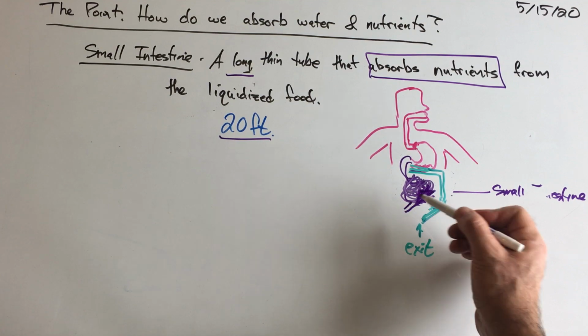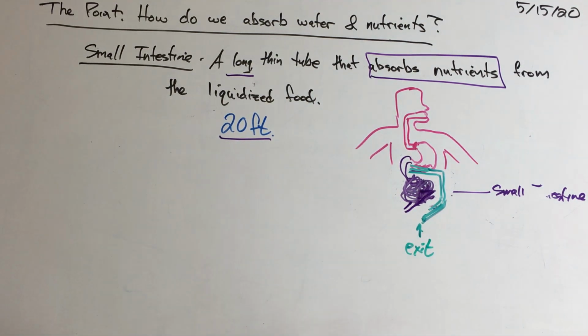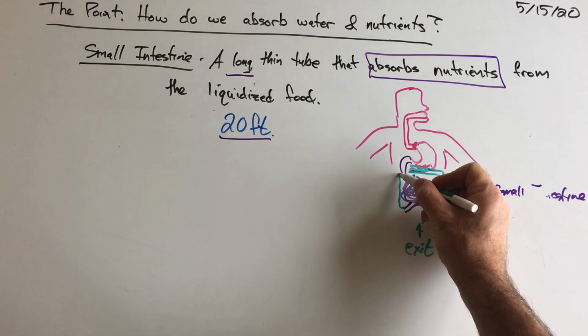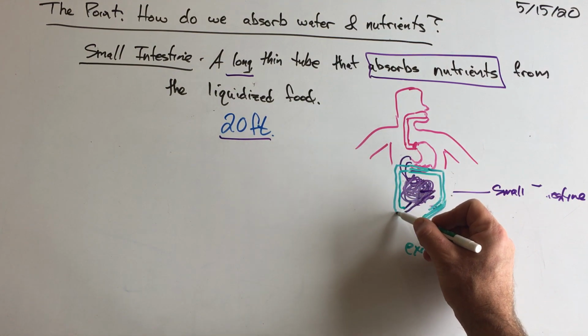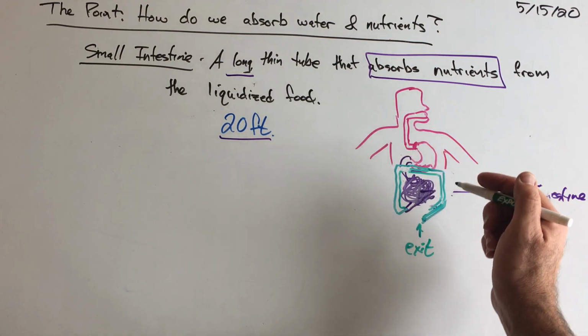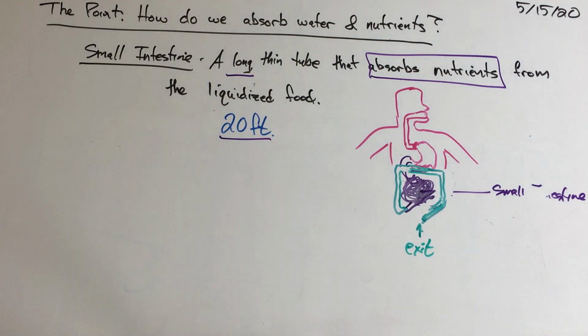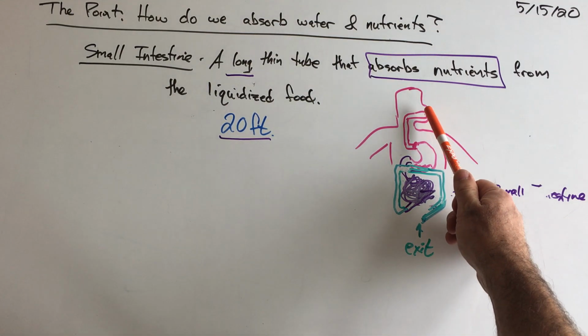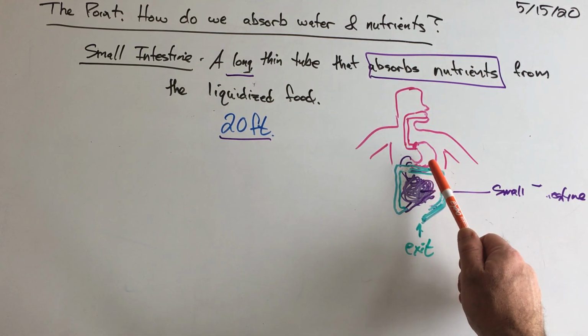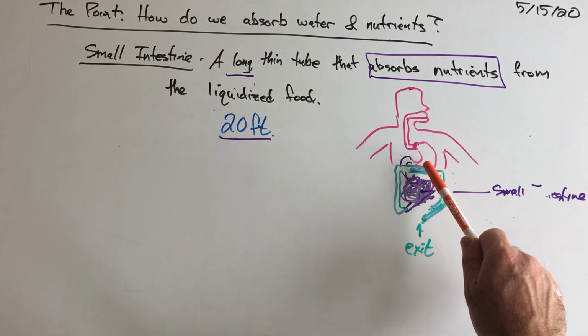And then the small intestine connects to the large intestine and flows directly into it. So if we follow food, we chomp it up physically at the teeth, goes down, we chomp it up more or less chemically in our stomach.